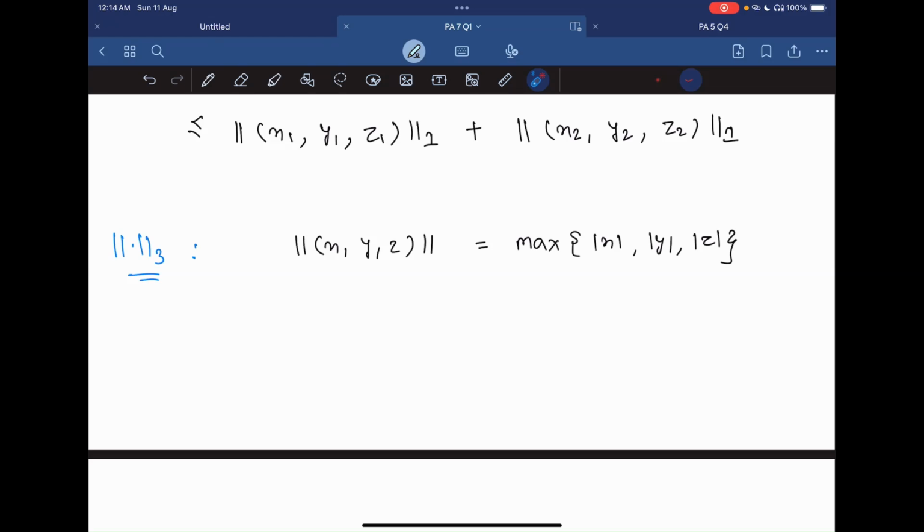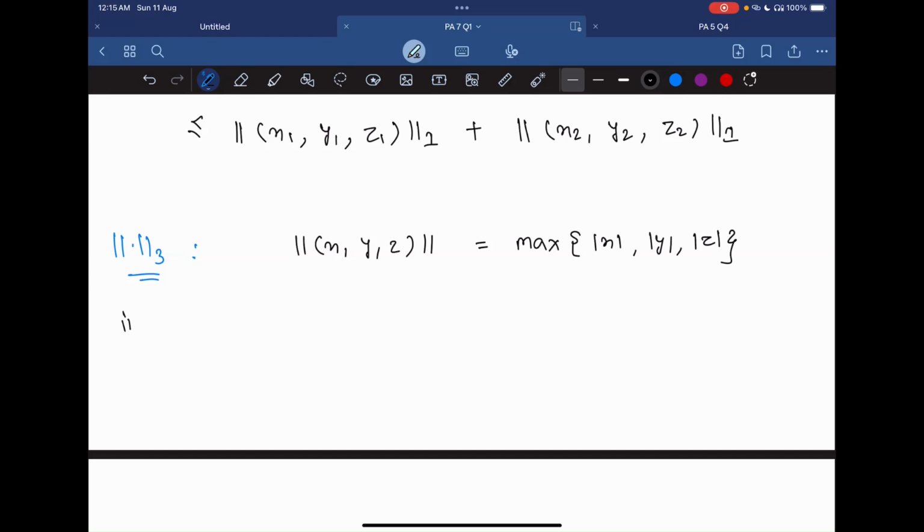By going with the same logic as before, as these are all absolute values, this quantity will always be greater than or equal to 0. As we are taking the maximum of them, we will get 0 only when all of them are 0. I will never get a negative value. So this will only be 0 when all these x, y, z values are 0. So our first condition is satisfied.